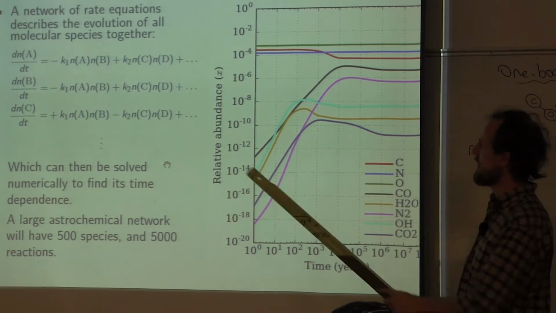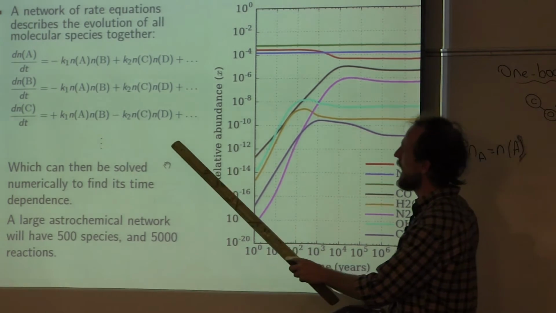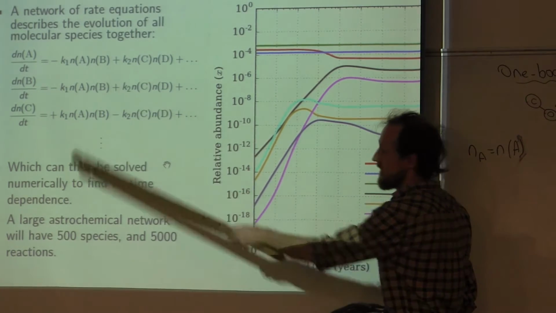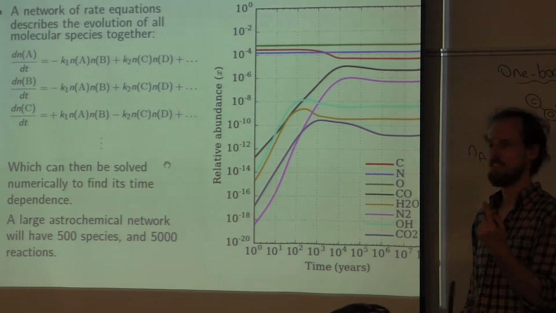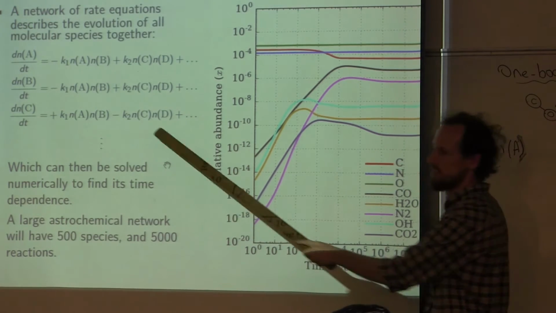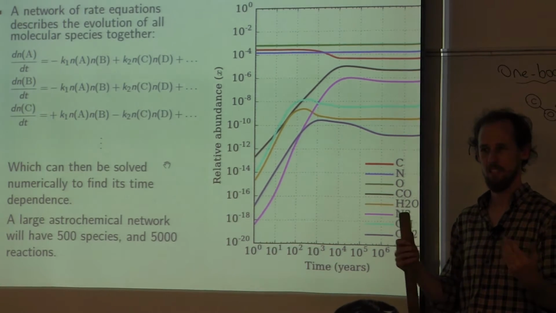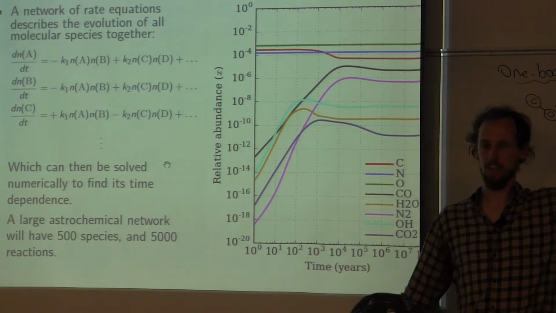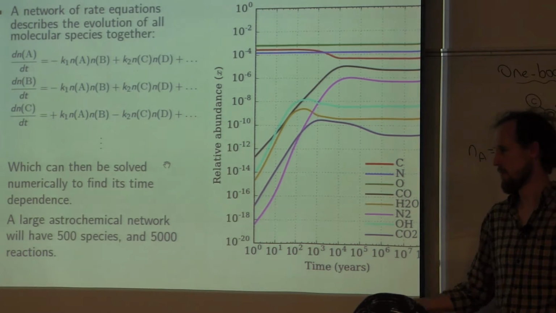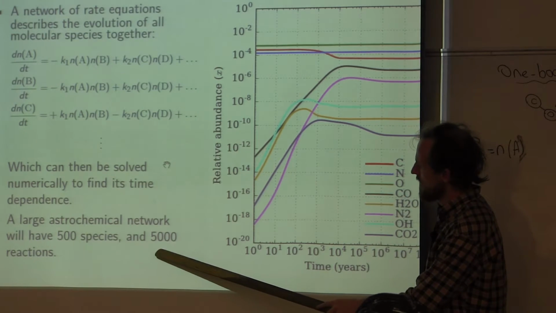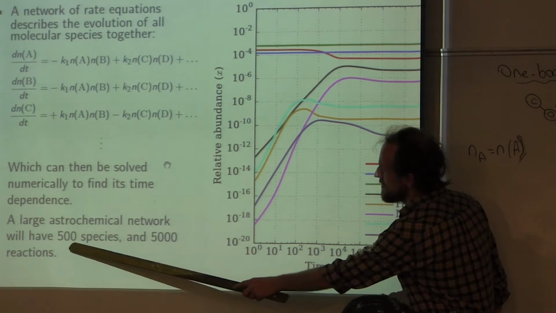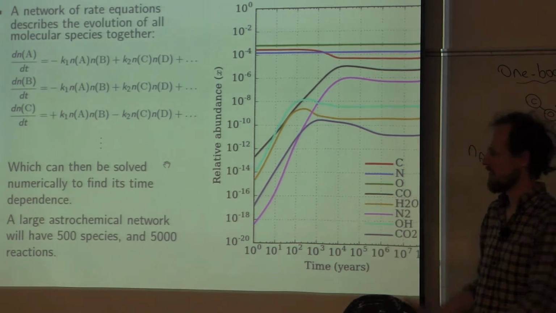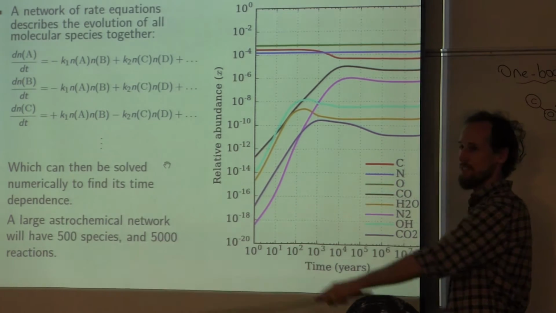So we're not going to deal with this by hand, but you have a series of equations, one for each species, and each equation includes the species that react with others. In the case of the model you'll be working with in a moment, this includes 500 species, A, B, C, D, everything else, and 5,000 lines.